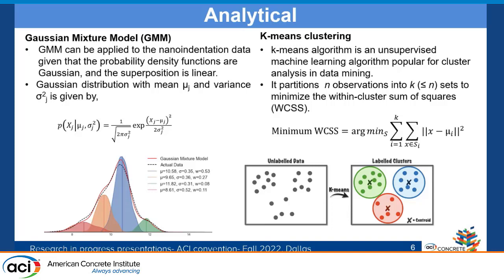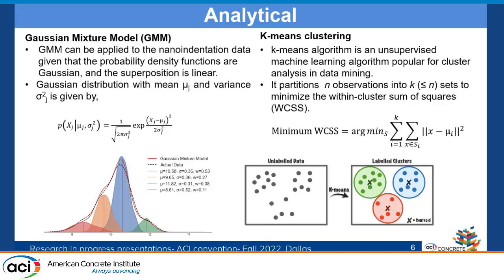In order to analyze the data I obtained, I used two methods. The first one I used is a Gaussian mixture model, the GMM model, which can be applied to the nanoindentation data, assuming the data is distributed as a probability density function which is Gaussian, and the superposition of the peaks is linear.